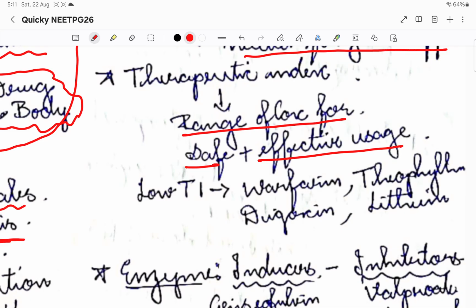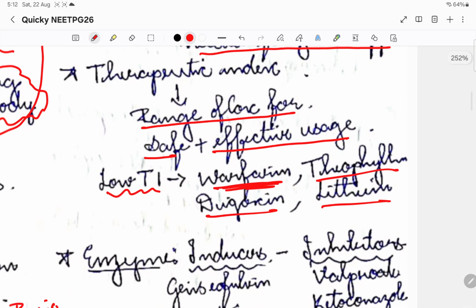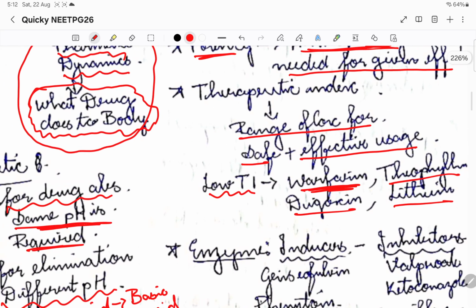The low therapeutic index drugs include warfarin. I told you, right? Warfarin is a beautiful drug, but it has so many adverse effects, because of this low therapeutic index itself. So warfarin is a low therapeutic index drug. Theophylline, digoxin, and lithium are other examples of low therapeutic index drugs.